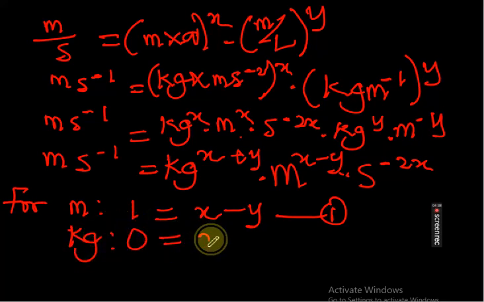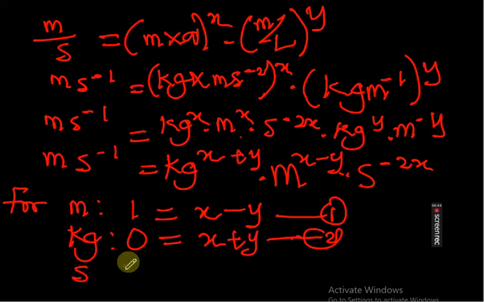On this part you have x plus y. Call that equation 2. Then for the seconds, on the other side you have seconds raised to power minus 1 equals minus 2x. Call this equation 3. Now equations 1, 2, 3 are set.